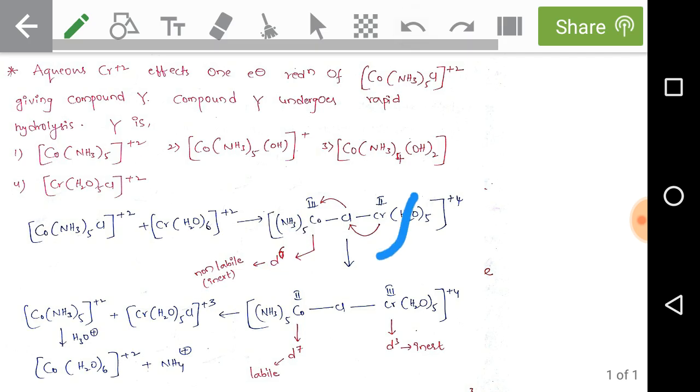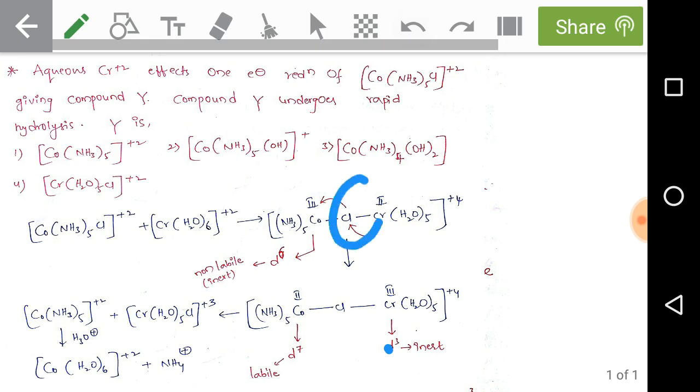After electron transfer from chromium, with the chlorine acting as a bridge to transfer that electron to the cobalt, the cobalt complex becomes labile with d7 electrons and the chromium complex becomes inert. These are some features of the inner sphere mechanism, where inert and labile complexes convert their natures during the reaction, and the inner sphere mechanism contains a bridge.